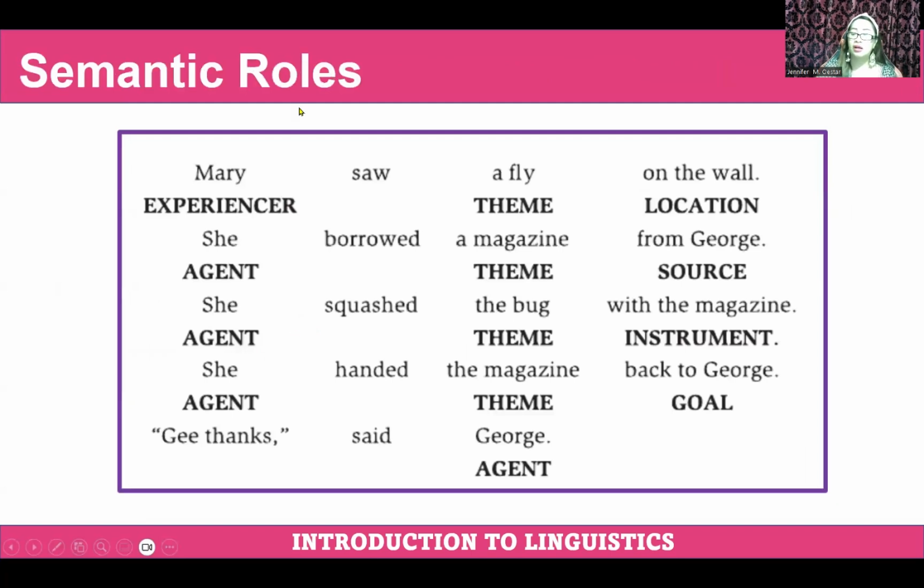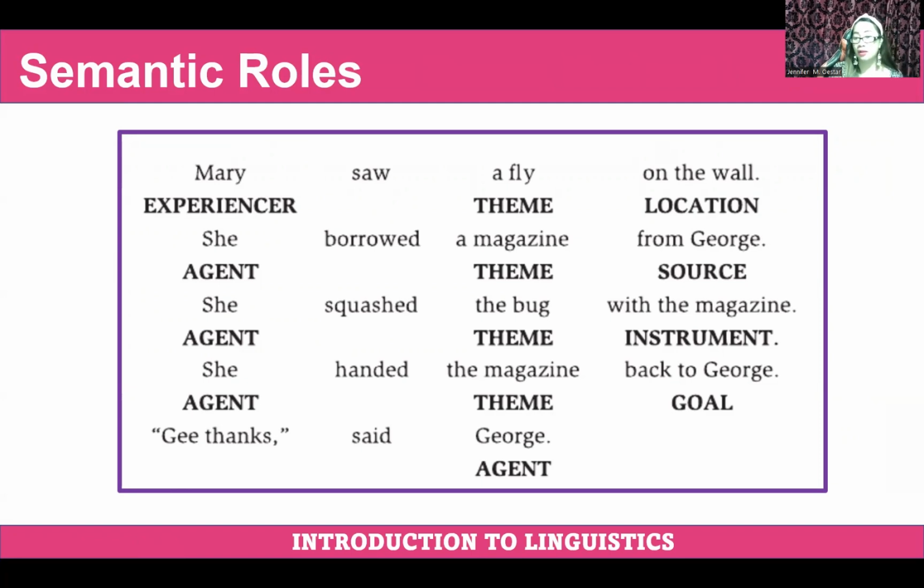Ayan yung ating list of examples pa. Mary saw a fly on the wall. Mary is the experiencer, fly is the theme, and on the wall is the location. She borrowed a magazine from George. She is the agent, magazine is the theme, and the source is from George.